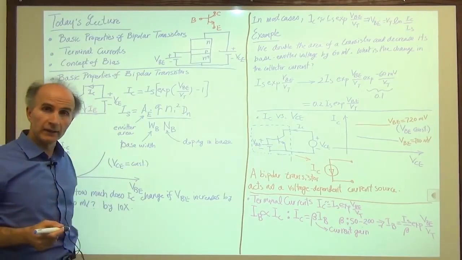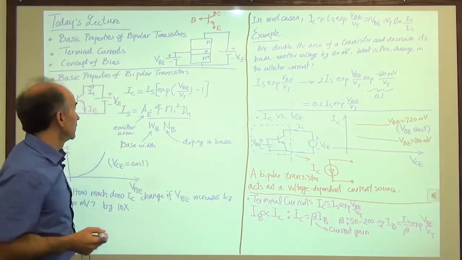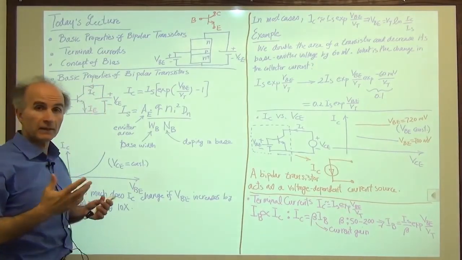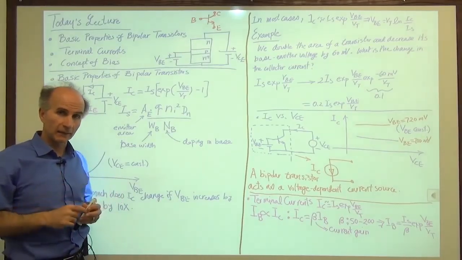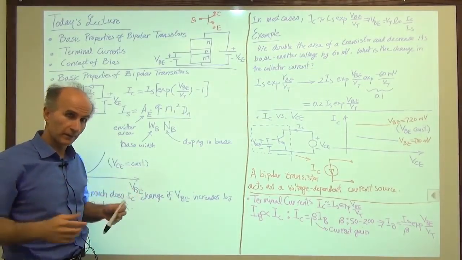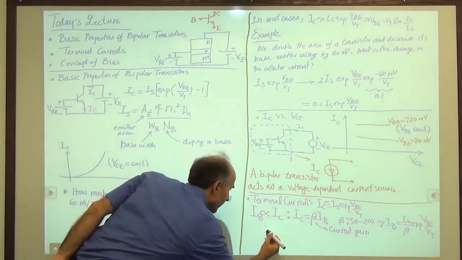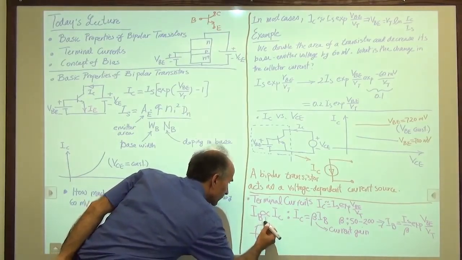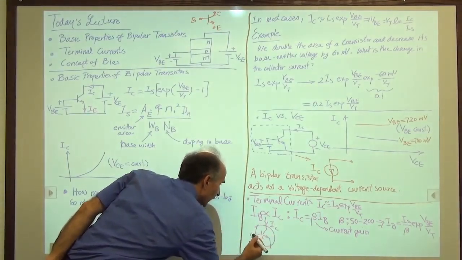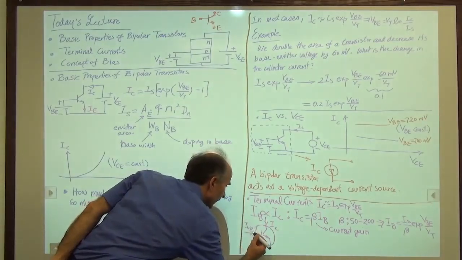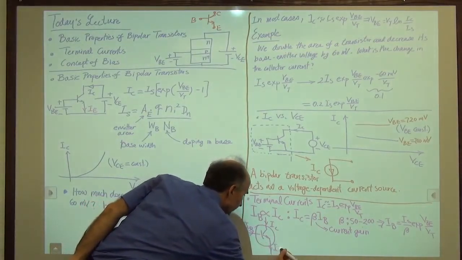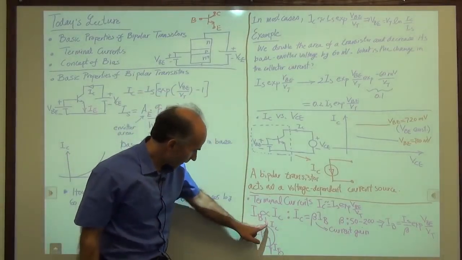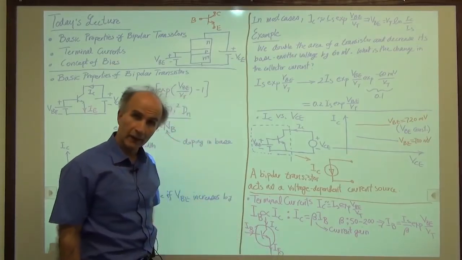And how do we calculate IE? Well, we say if you put all of this in a black box, then it still has to satisfy KCL because charge cannot disappear. So let's try to do that. We have this in a black box, and we know that this is IC, and this is IB, and this is IE. So I can write a KCL for all of these three, right? I can see that IC plus IB is equal to IE.